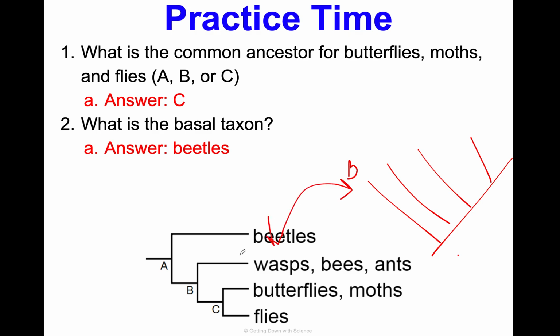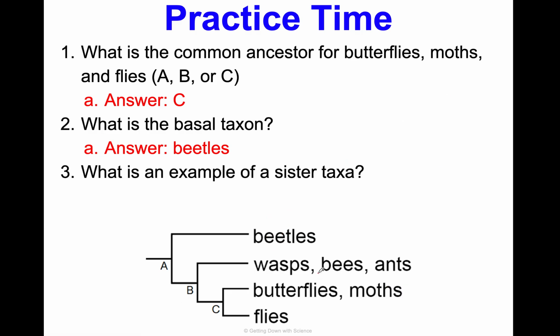It would be the longest unbroken. This would be our wasps, bees, and ants. And from there, we would have butterflies and moths. And then finally, flies.